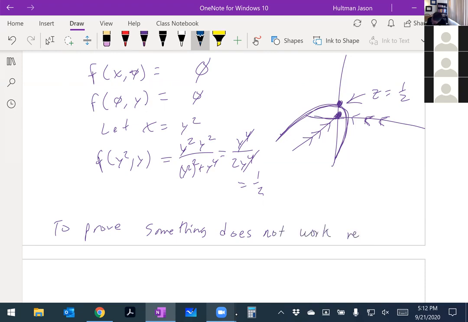It requires a single blank. What's the blank there? To prove something doesn't work requires a single what? A single lady? All the single ladies? All, what?